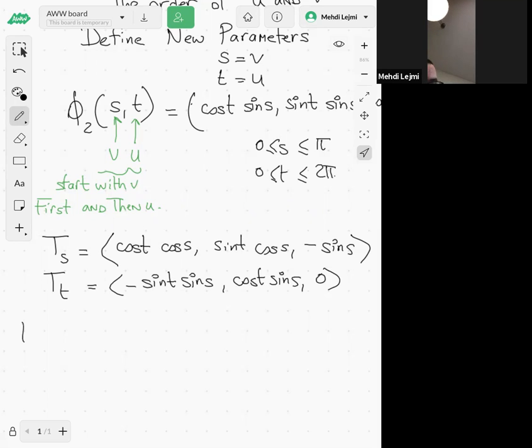And now if you do T_s cross T_t, that will be equal to sine square of s cosine of t, sine square of s sine of t, and then cosine of s sine of s.